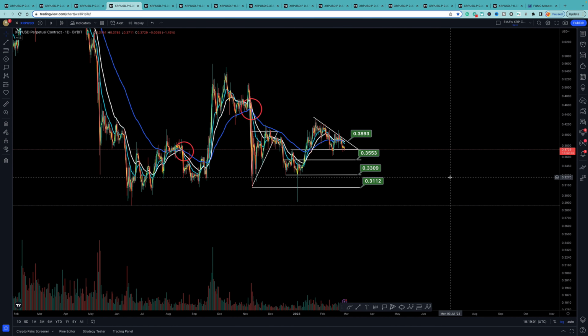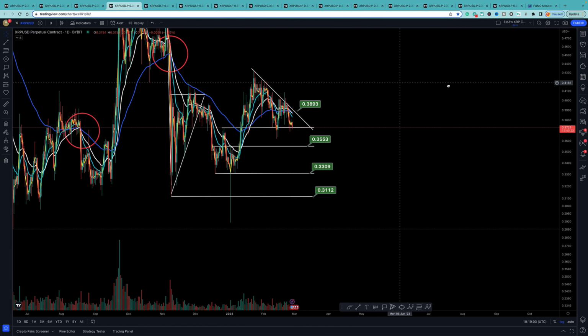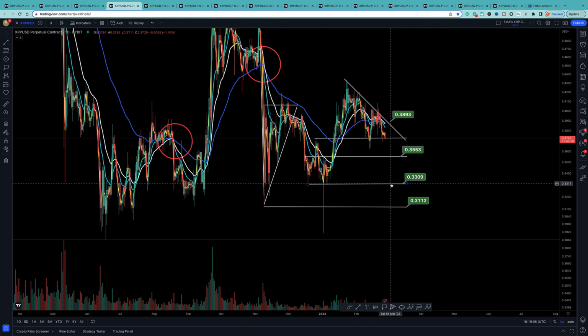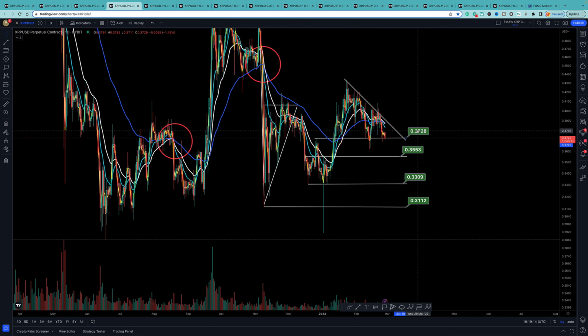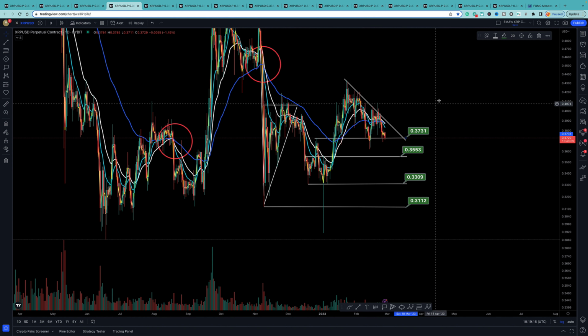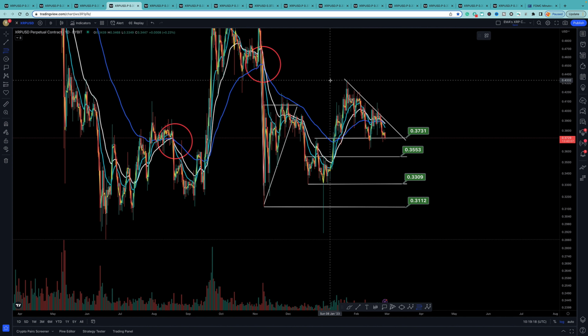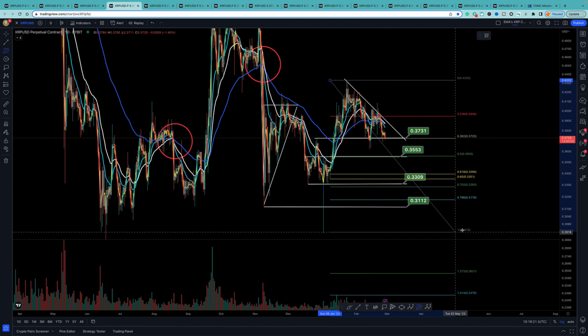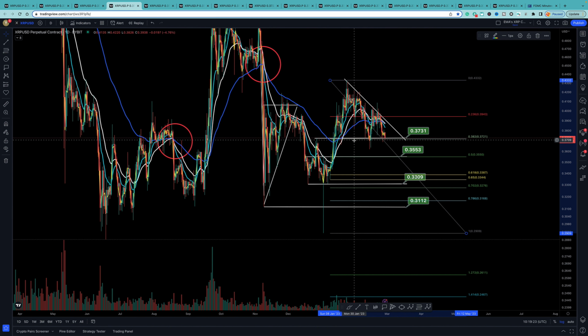So the levels that we could go to without breaking a lower low: if we break 37.30 here or so, and we put the fibs on this, there's the fibs there.